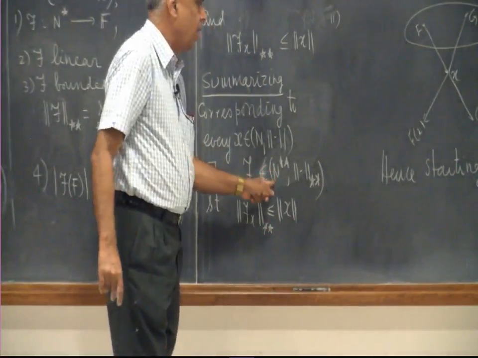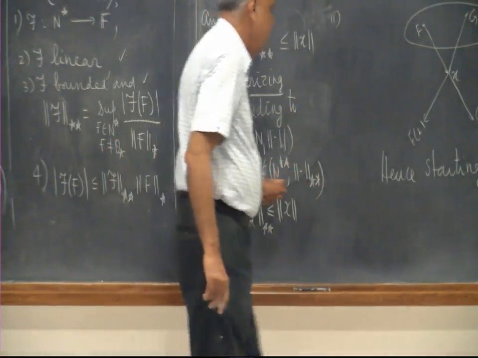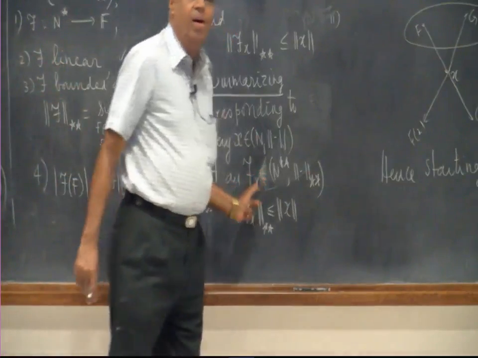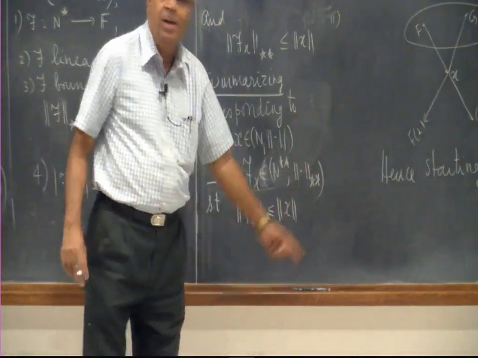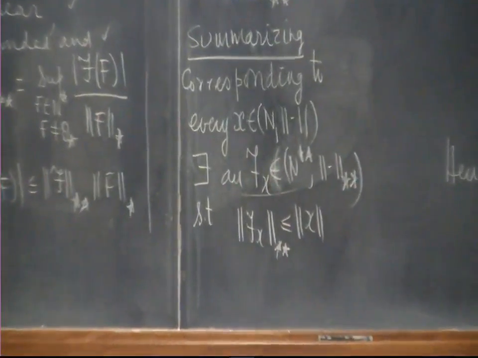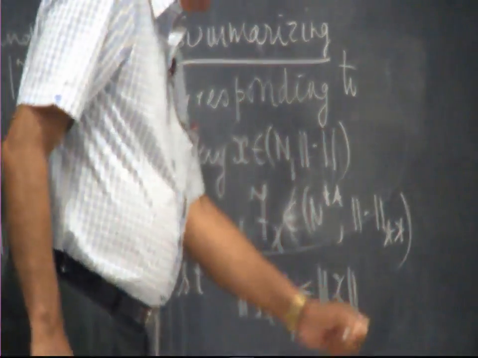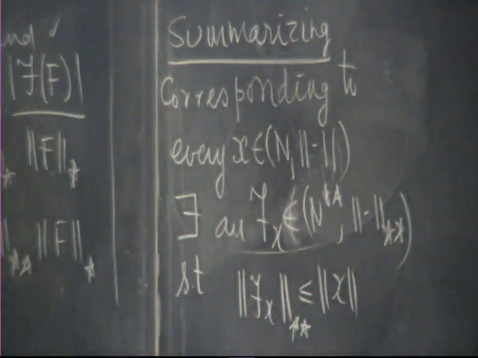This takes care of those three statements, that this is a functional, that is linear, and that is bounded. All these are summarized in one statement saying that F_x belongs to n double star. And the control on the norm is this. The norm of F_x cannot be more than the original norm you started with.